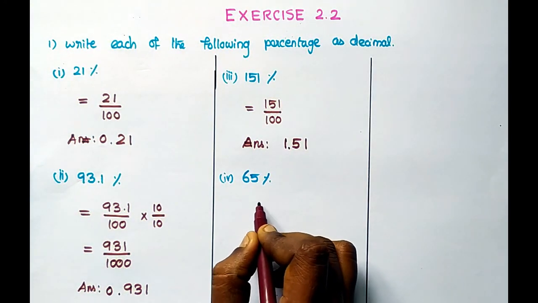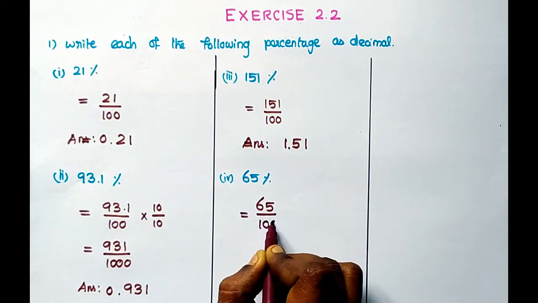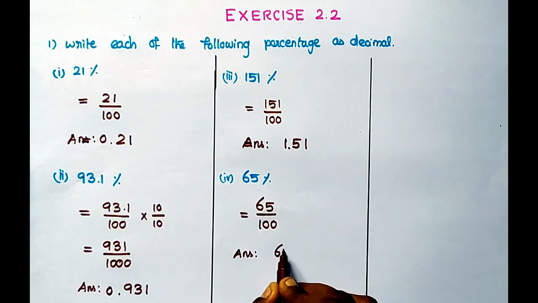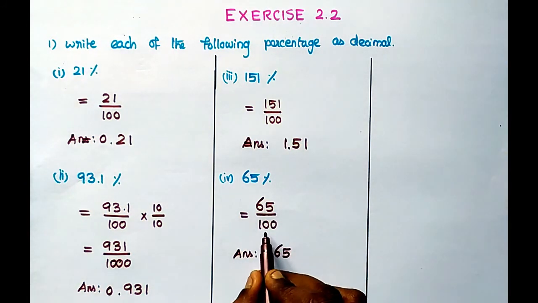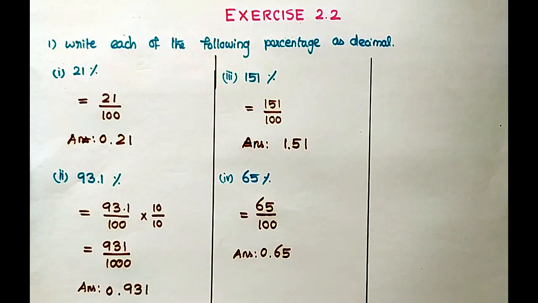Listen, the next one, 65 percentage, that means 65 by 100. Write down 65, that is a whole number. Here 2 zeros, before 2 digits we have to keep the point, means 0.65 is the answer.